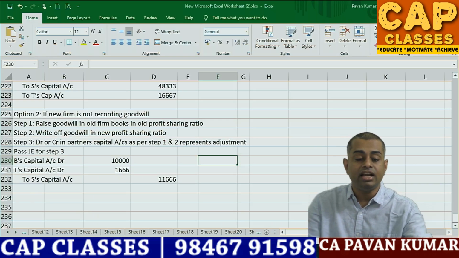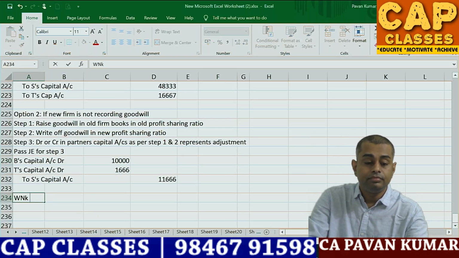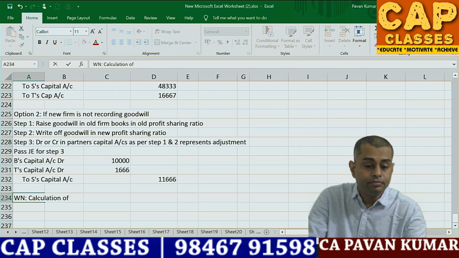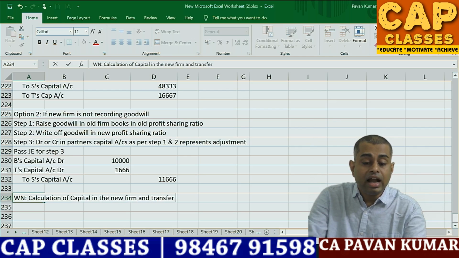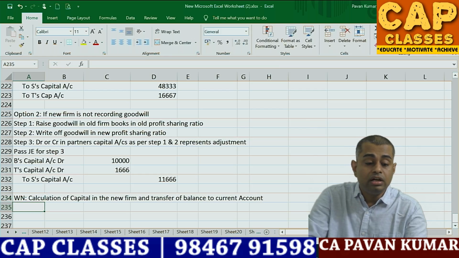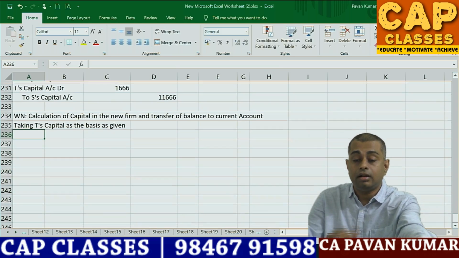Put the heading, working note. Calculation of capital in the new firm and transfer of balance to current account, taking T's capital as the basis as given.